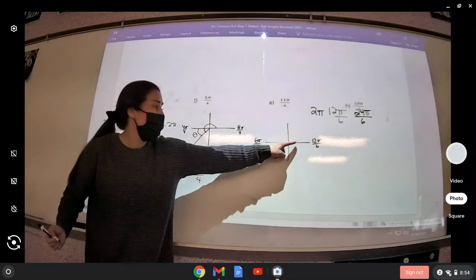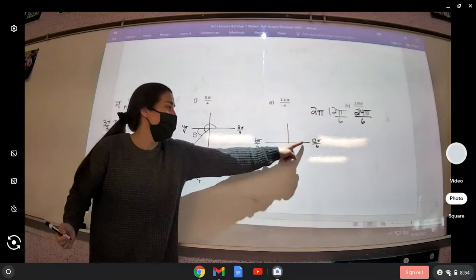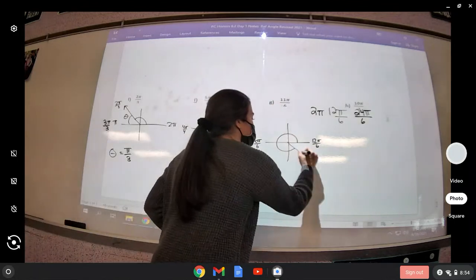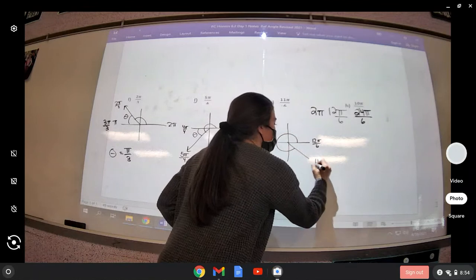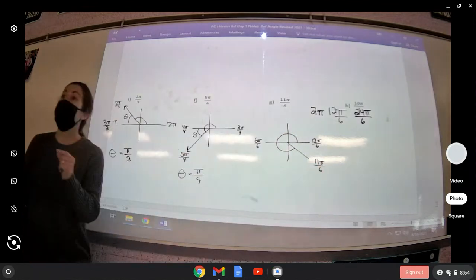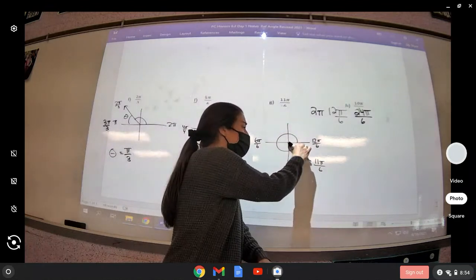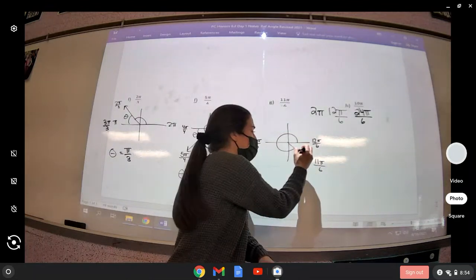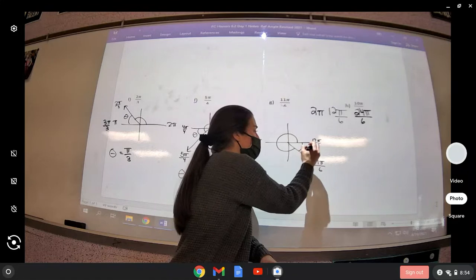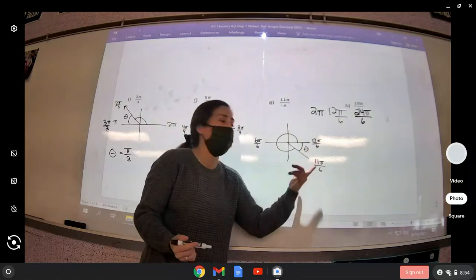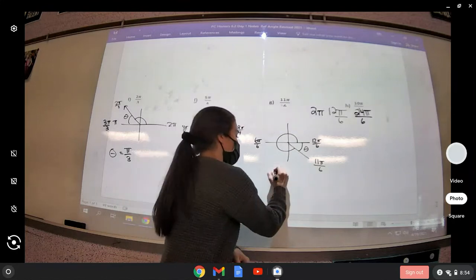Well, if this is where 12 pi's over 6 land, the 11th one will be right in the quadrant before it. So 11 pi's over 6 land in quadrant 4. And your reference angle is going to be the angle in between your angle ending and the positive x-axis there. So it'll be right there. So how many pi's over 6 live in between 12 and 11? 1.